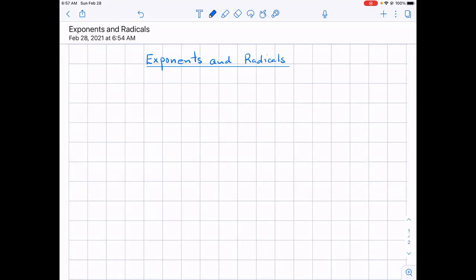Now, we know that an exponent is really a repeated multiplication. So when we speak of exponents, we can think of this as a form of repeated multiplication.